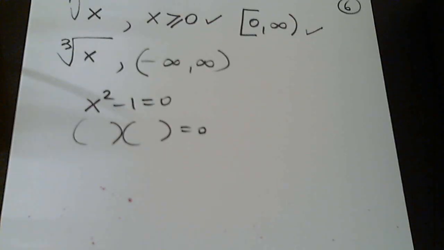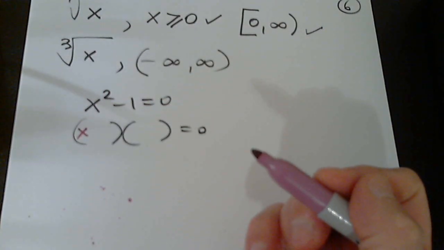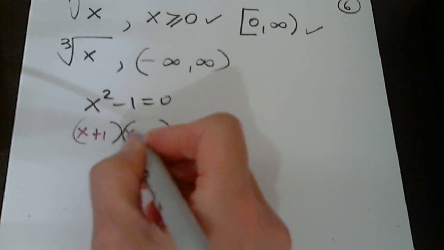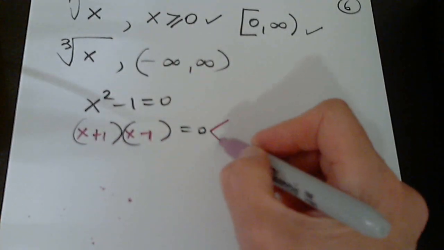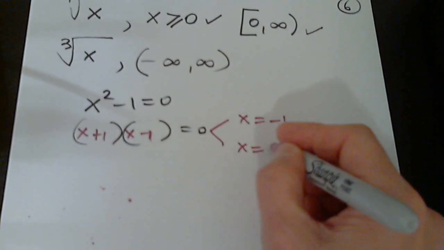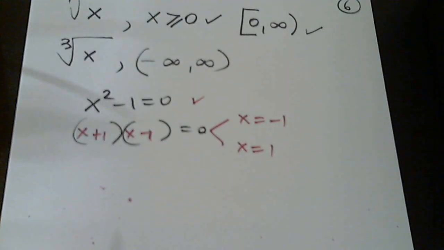So what do I have on the left? X plus 1, x minus 1. Very good. And then we get the two solutions, negative 1 from here and 1 from here.